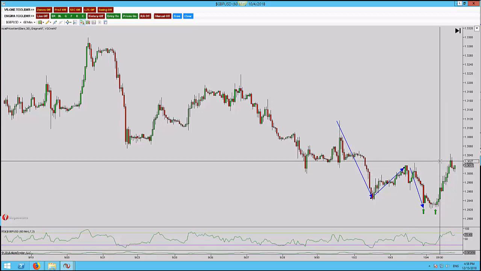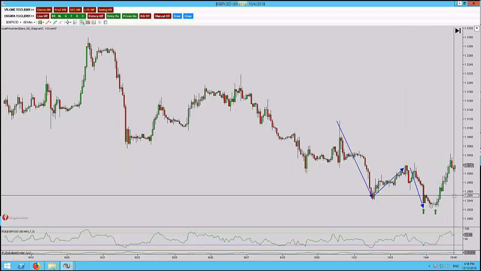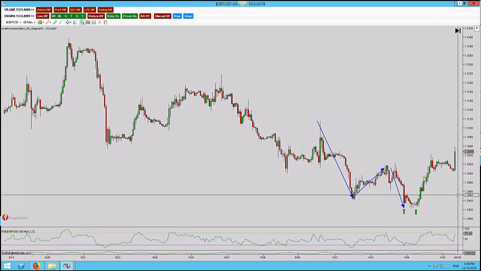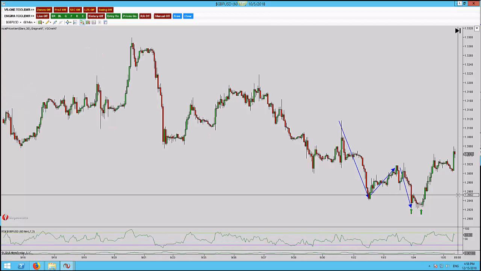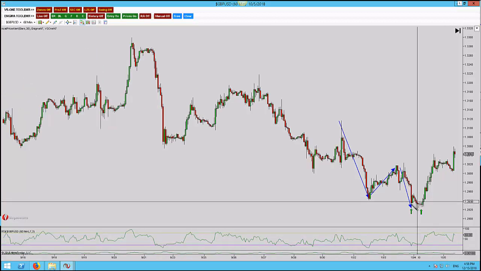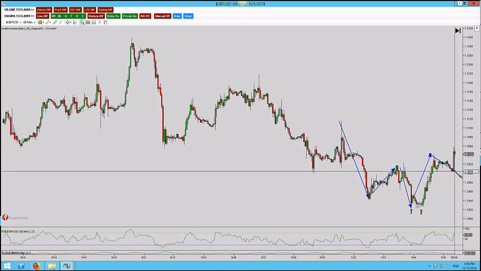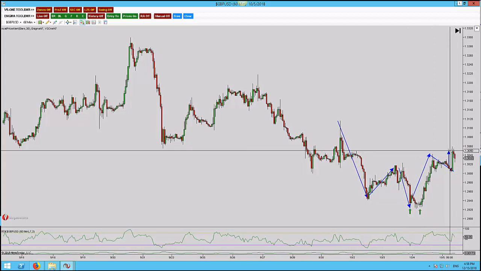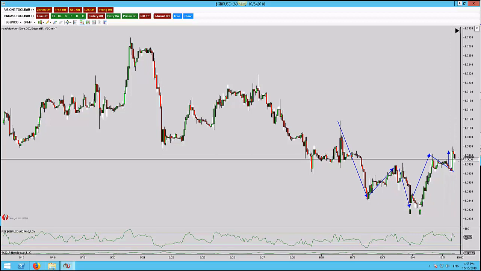Okay, so we've had an initial structure high here now above this level. We're going to pull back for a 2618 here and a potential head and shoulders. Nope. Okay, so we made a new high, a pullback, and we have now just made another new high. So I'm now looking for buying opportunities on the 15-minute time frame.